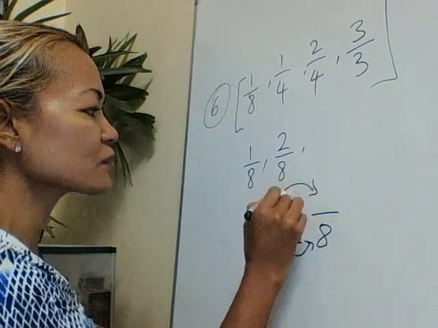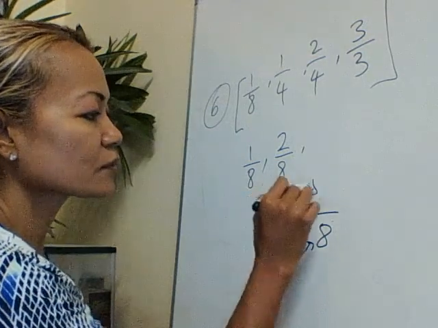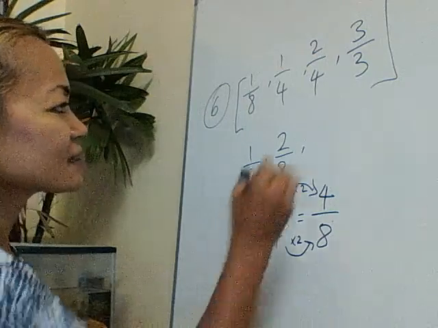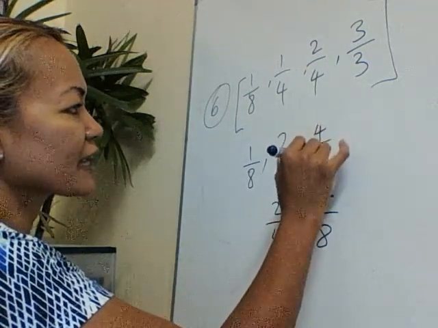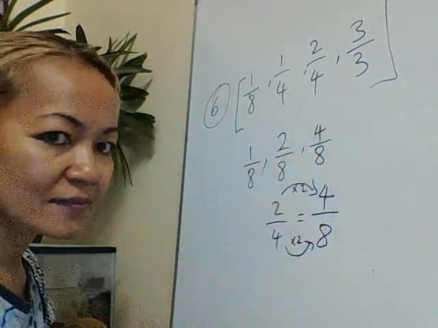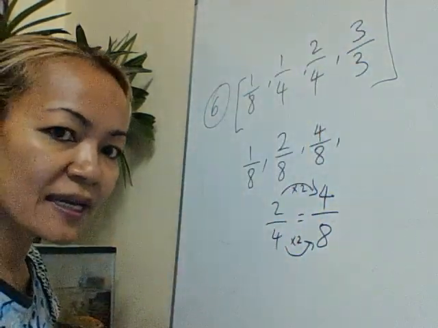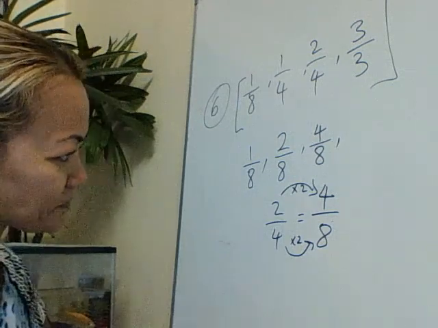So same thing on the top, multiply by 2 to convert the number on the top. So this number is 4/8. Okay? Now what do we do about this? Because now we have 3/3.